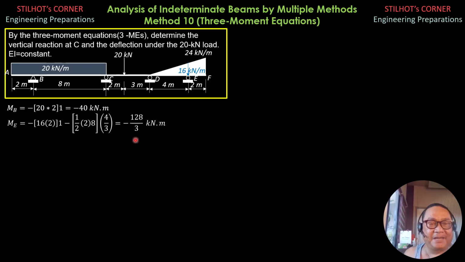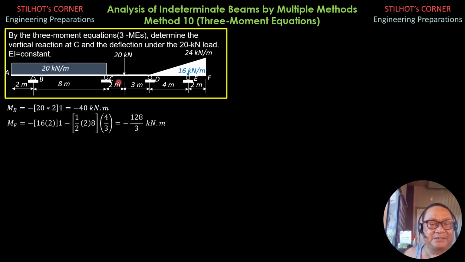We now apply the three moment equation to the span BCD, which is MB times L1, which is 8, plus 2 times MC, quantity L1 plus L2, so 8 plus 5, plus MD times 5, plus 6 area 1A over L1. Since the loading covers the entire span, that is WL cube over 3.